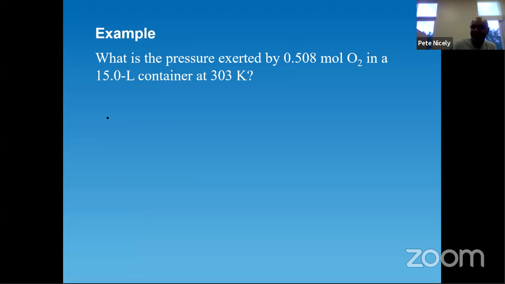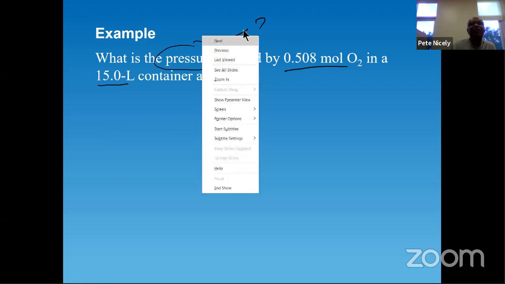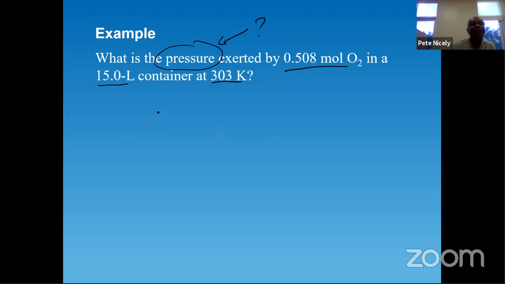So in this case, they gave you the moles, they gave you the volume, and they gave you the temperature, and the question is asking for the pressure, right? So PV is equal to nRT. So P would be equal to nRT over V. And we put the numbers in.